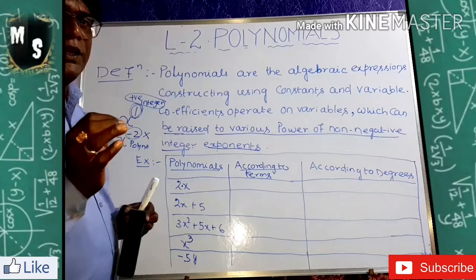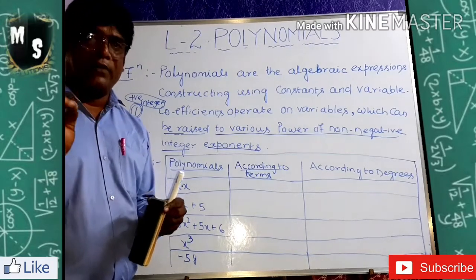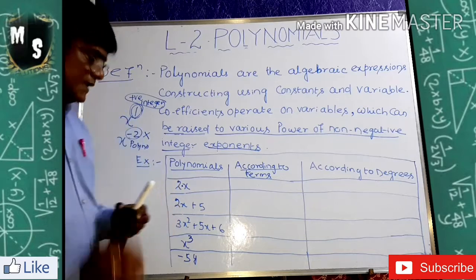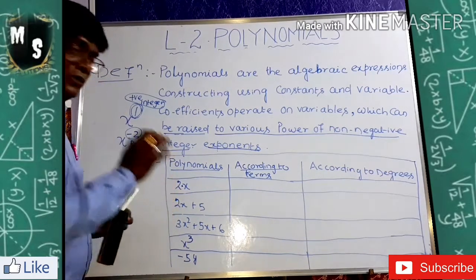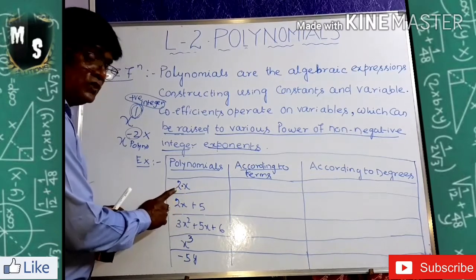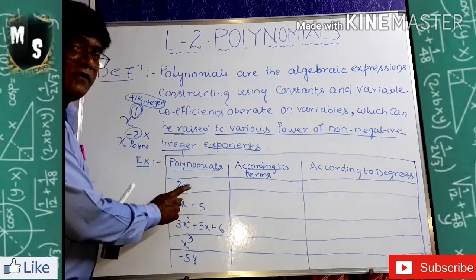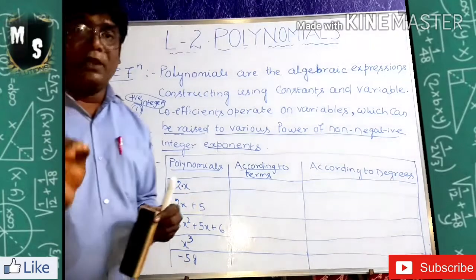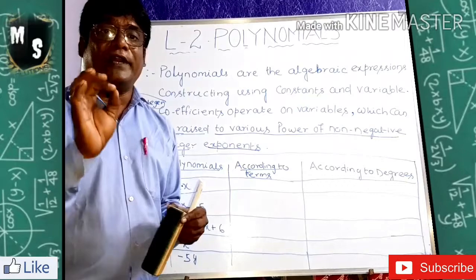So if anything is operated on a variable, it may be a multiplication, it may be a division, like that. So in case of that, that is the multiple of the variable. What is 2? 2 is called the multiple of the variable x. So variable multiples, try to understand the variable multiples.